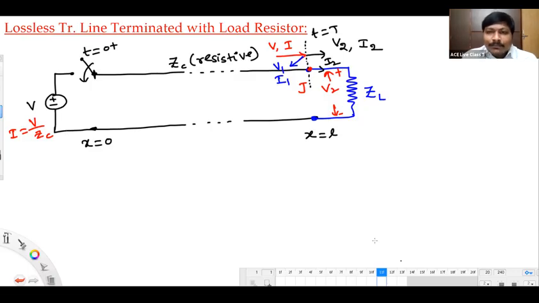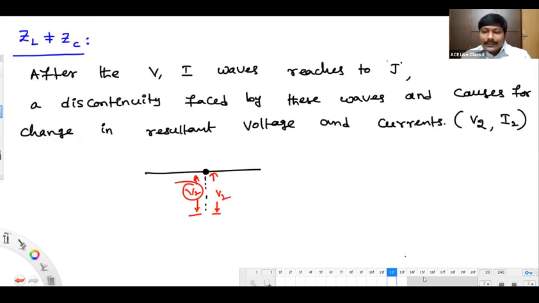Particularly, this V comma I, what we have here, is going to be called incident. V2, I2 are called refraction, or you can say transmission. V1, I1 we call reflection.